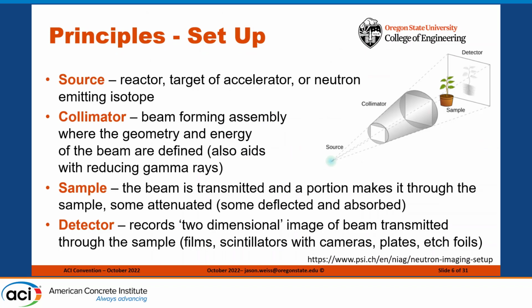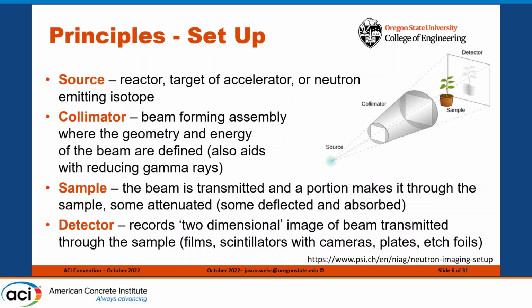The basic principles of the technique: there's some source of the neutrons. This can be a reactor, and a lot of the really powerful ones around the world, whether it's Paul Scherrer Institute or NIST, have a reactor. There's also a collimator, which gets all the neutrons going in the same direction. Maybe ACI needs a collimator as everybody comes in, getting everybody going the same direction, but it's basically to align the beam.